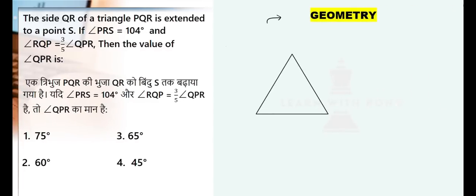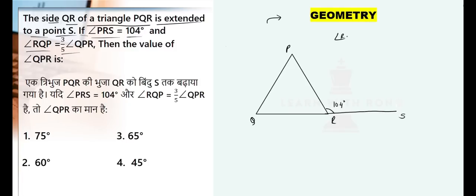Next question. Now geometry questions. See here, the side QR of a triangle PQR is extended to a point S. Let's say this is triangle PQR and this side QR is extended to a point S. Okay, if angle PRS is 104 degrees, they have given that this angle PRS is 104 degrees, and also angle RQP is 3/5 of angle QPR.